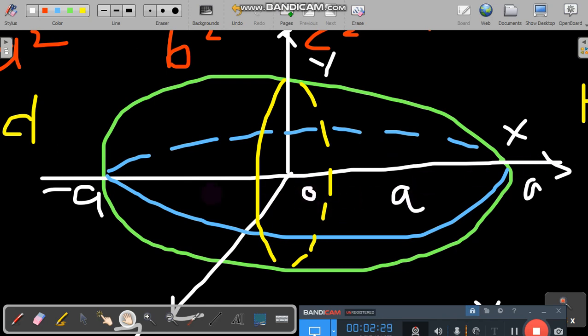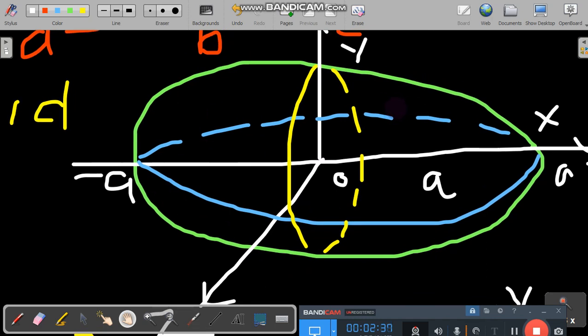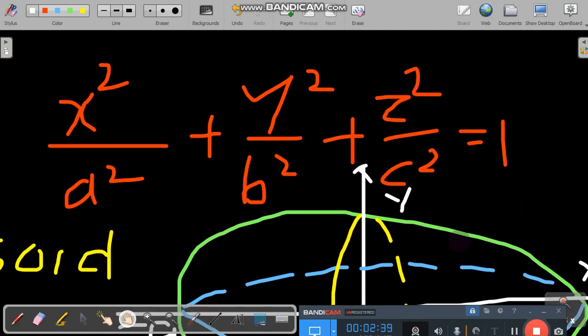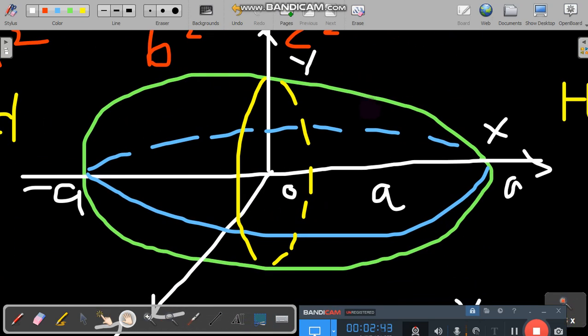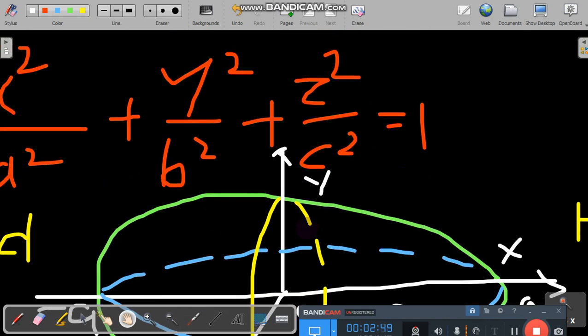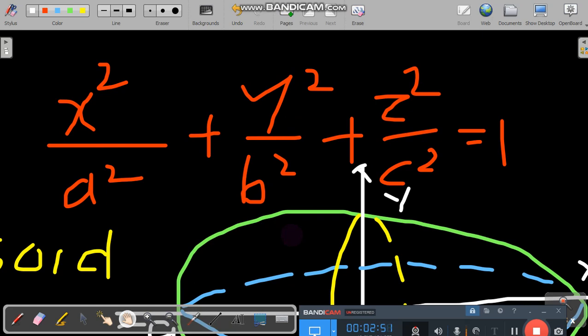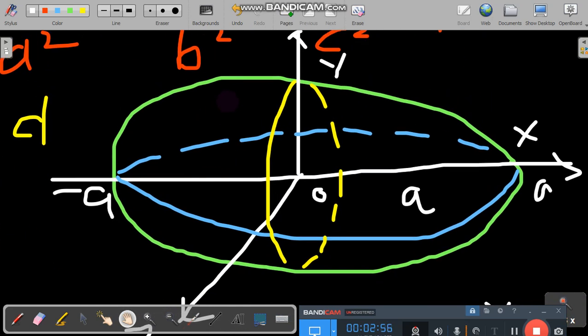This is the x-axis, this is the y-axis, this is the z-axis, and this is the shape of the ellipsoid. The set of points which satisfies this particular equation will give you a three-dimensional object like this. So all the points on this will satisfy this equation. Therefore, this three-dimensional picture we call an ellipsoid.